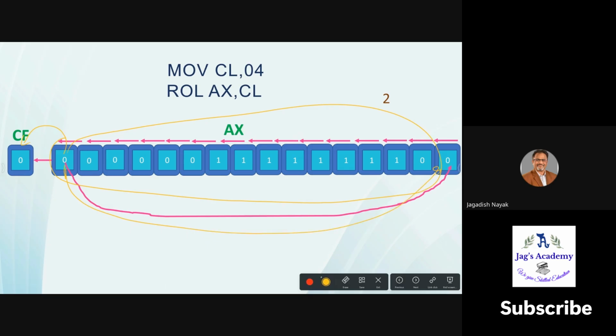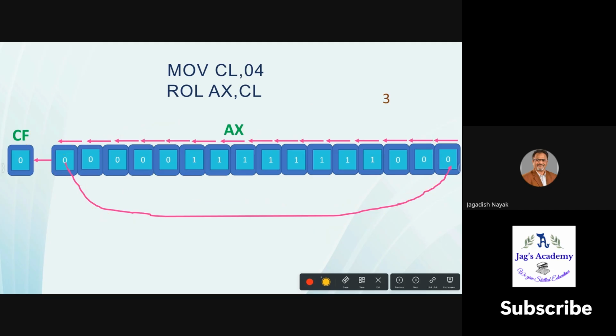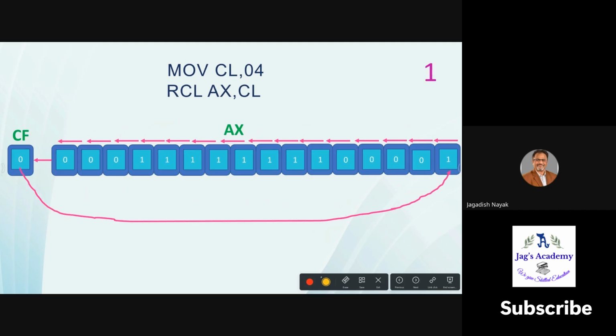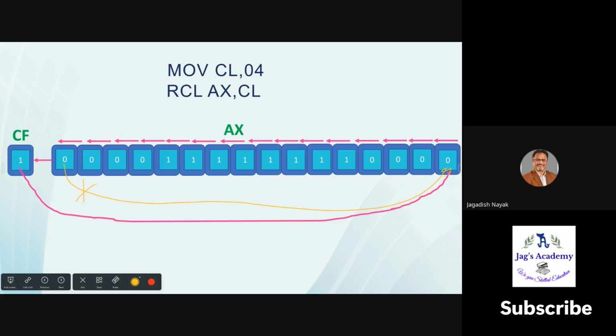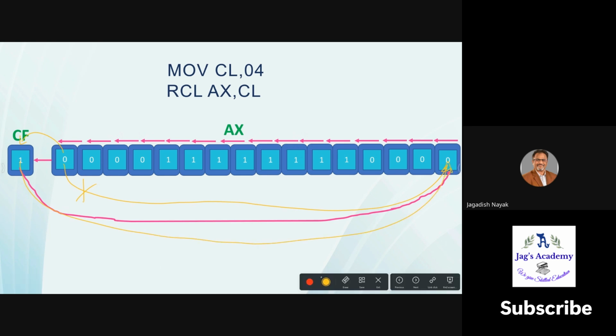Now in RCL, rotate with carry, instead of this going here, this will go to the carry flag, and the carry flag will go to the least significant bit. This is RCL, rotate with carry.